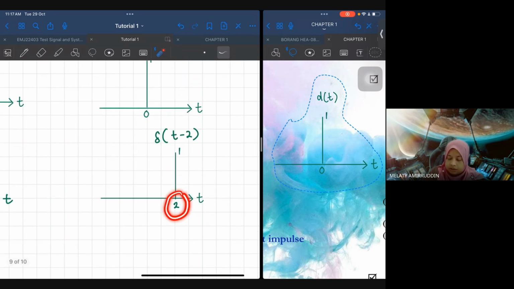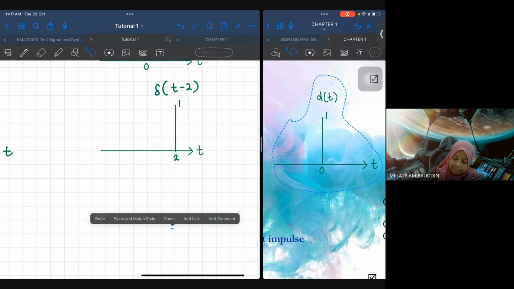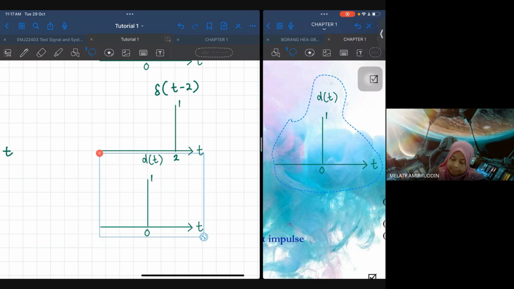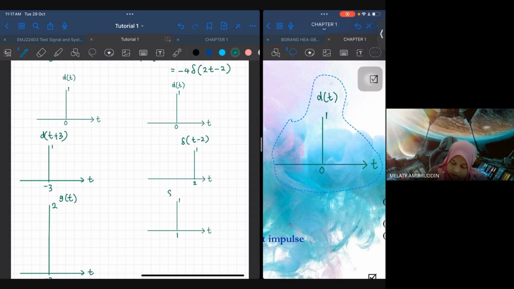So this signal, you need to divide by 2, so it becomes 1.